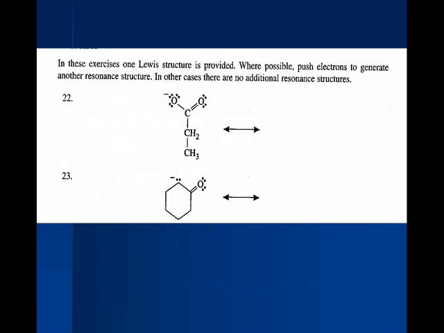Well, let's just see. Doesn't make sense. It's a lot of charges, right? But you weren't far off, because all I really have to do is also move this pair of electrons there, right? That's what you meant? Okay.